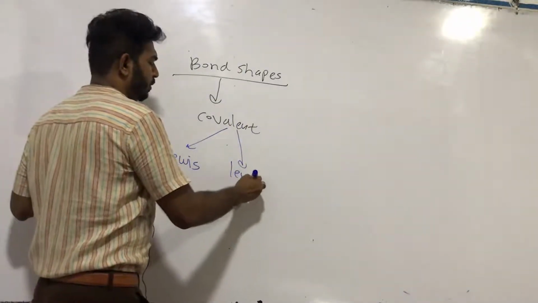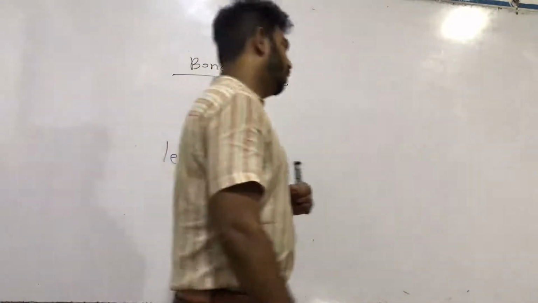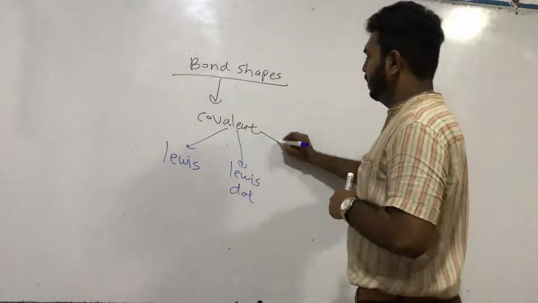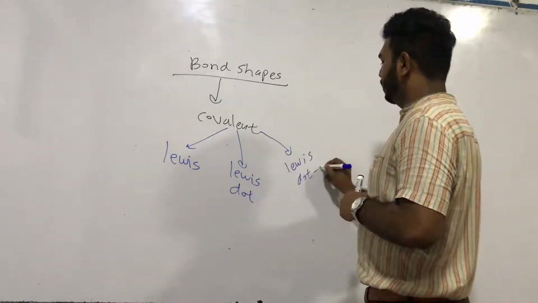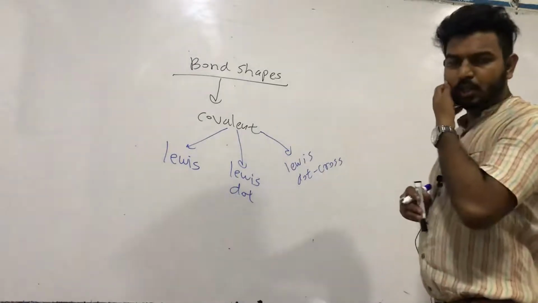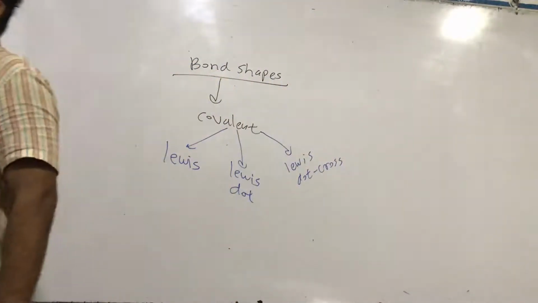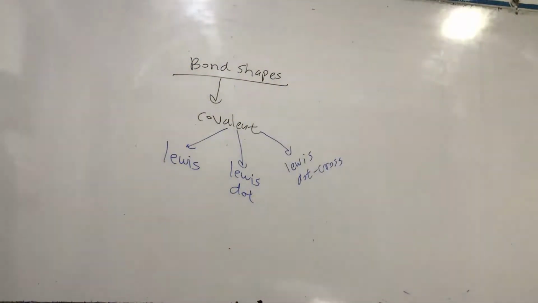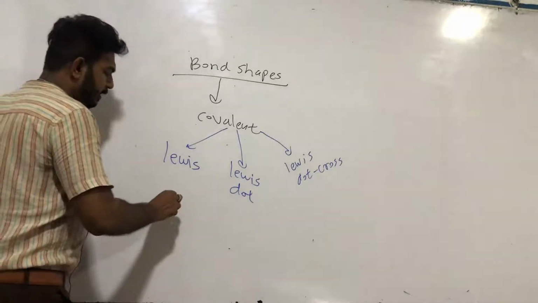Then Lewis dot structures, then Lewis dot cross structures. So the Lewis structure is like this.